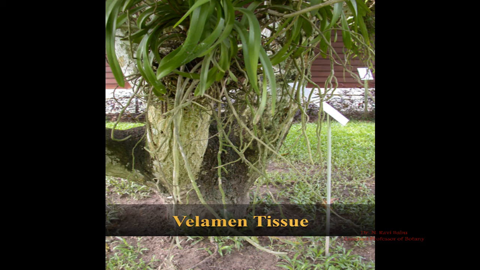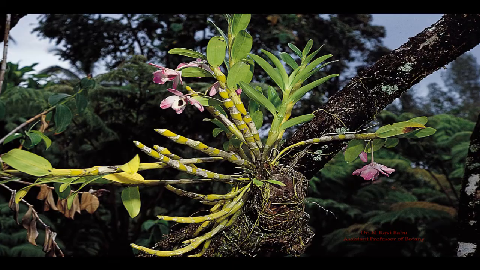Now, the stems of some epiphytes are succulent and develop a pseudo bulb or tuber. Friends, again, it's also a kind of stem modification, that is a bulb or a tuber, and I think we need not go into detail discussing what bulb or tuber means.